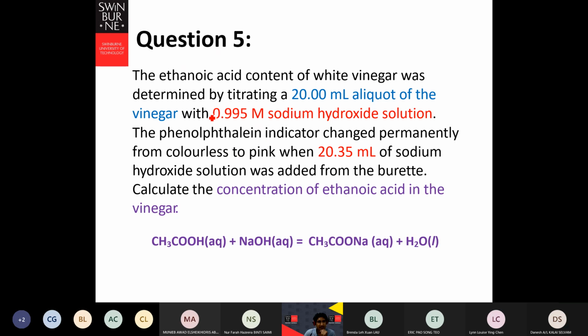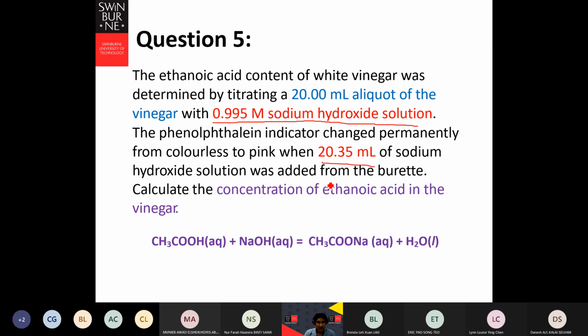Another question says that the ethanoic acid content of white vinegar was determined by titrating a 20 milliliter aliquot of this vinegar with 0.995 molar sodium hydroxide solution. The phenolphthalein indicator changes permanently from colorless to pink, and for that it took 20.35 milliliter sodium hydroxide.